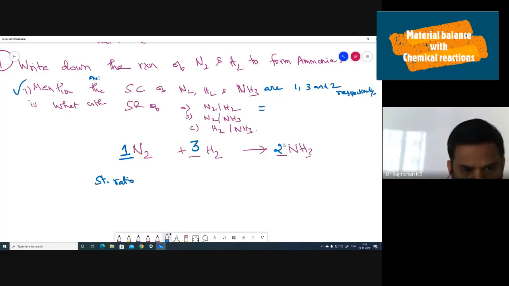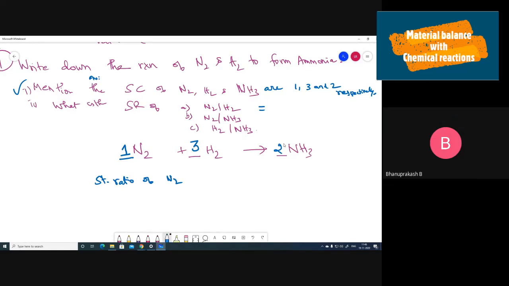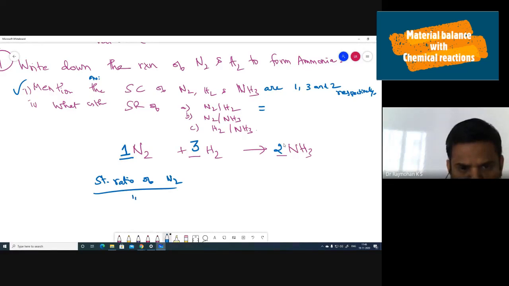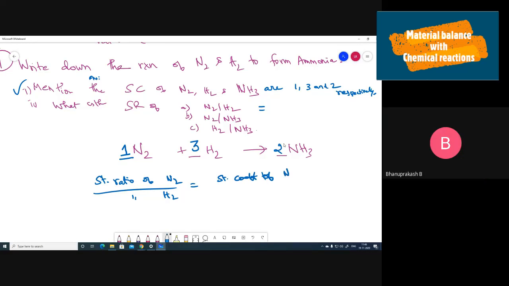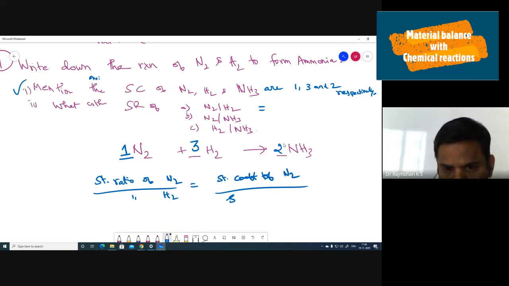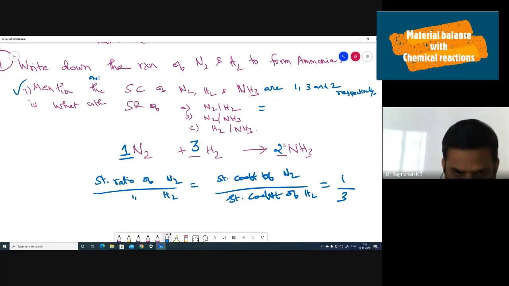Stoichiometric ratio of nitrogen by hydrogen is equal to the stoichiometric coefficient of nitrogen by the stoichiometric coefficient of hydrogen. So here we have already written the stoichiometric coefficients, right? The stoichiometric coefficient of nitrogen is 1, by hydrogen is 3. So the answer is 1 by 3.